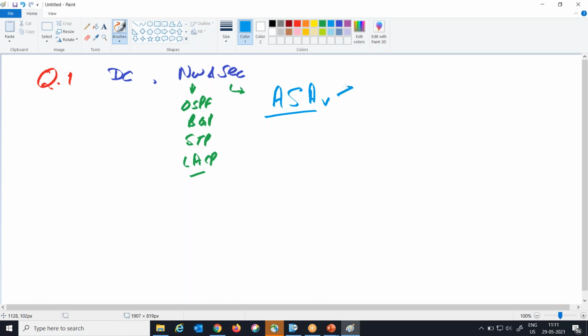We'll be configuring it in both L2 mode, that is go-through mode, as well as in go-to mode, L3 mode. But we will be configuring just the basic ACL and the interfaces for the purpose of our ASAv, not the detailed part of it.